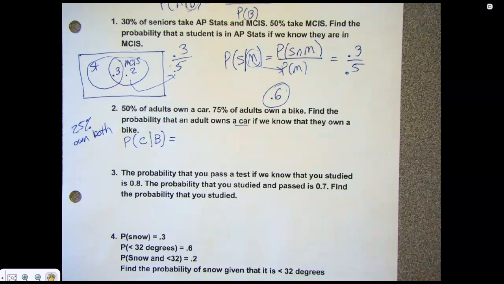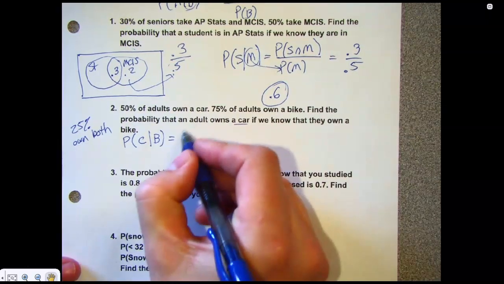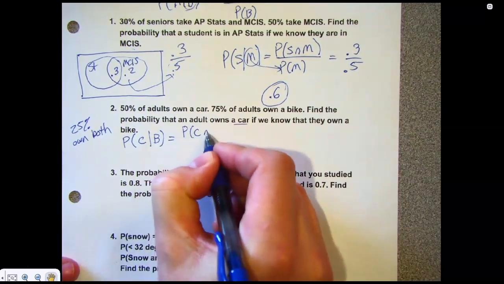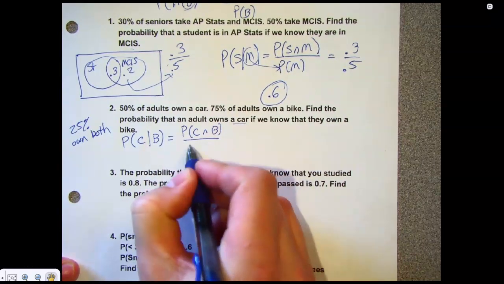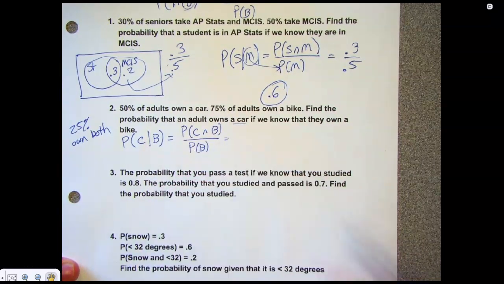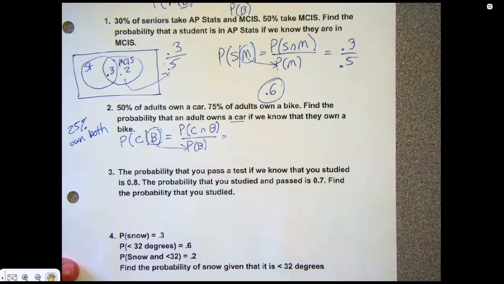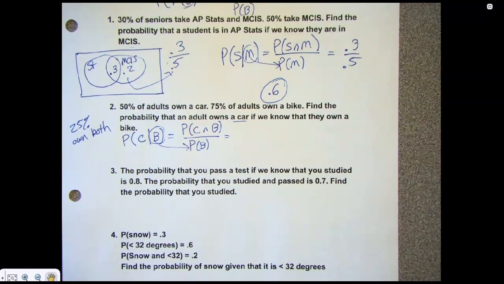So I do the probability of C given B, car given bike. And that would be the probability of C and B divided by the probability of B. So again, the given one is always what goes in the bottom. What we know goes in the bottom.